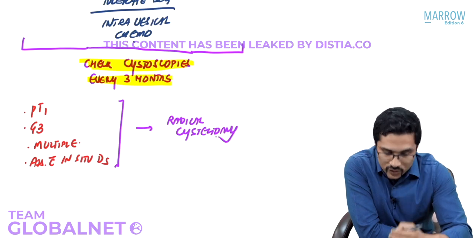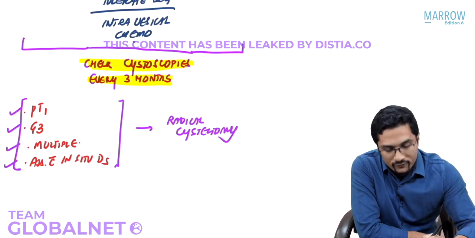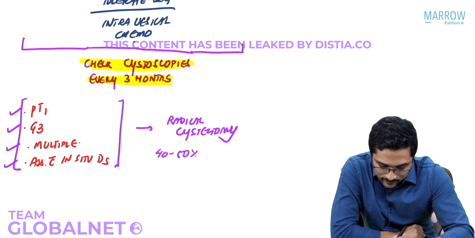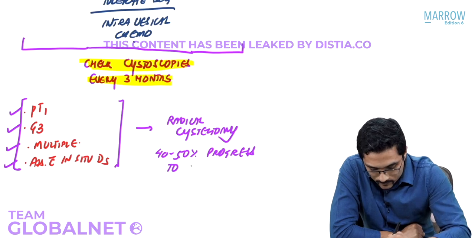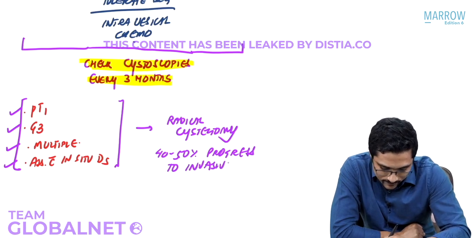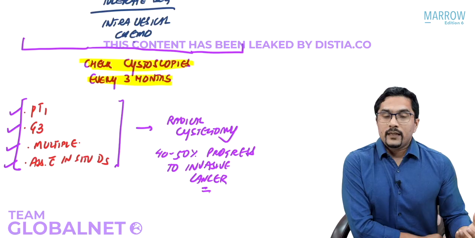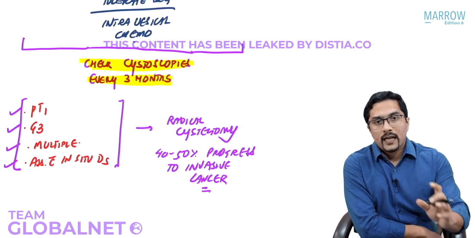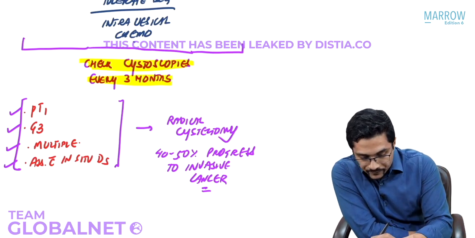Why are these patients with early cancers, this subgroup which has all these, being offered radical cystectomy? Because 40 to 50% progress to invasive cancer, right? Progress to invasive cancer, and it can be then very late. So that is why this particular subgroup can be offered radical cystectomy upfront. This is what is written in Bailey.